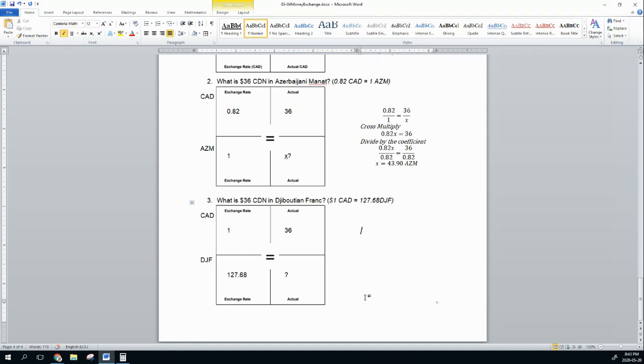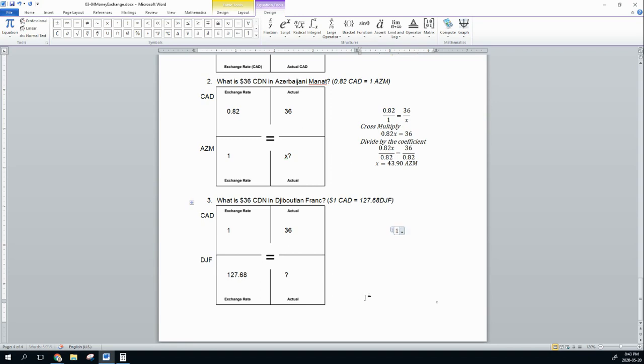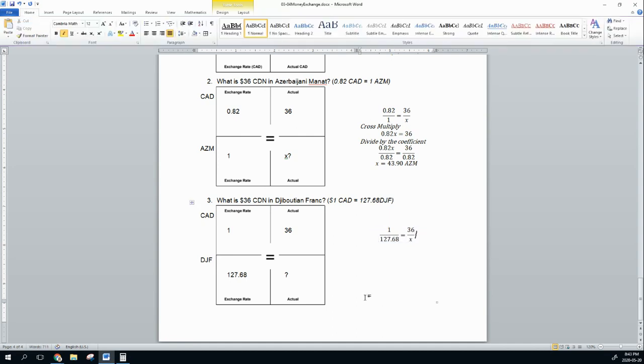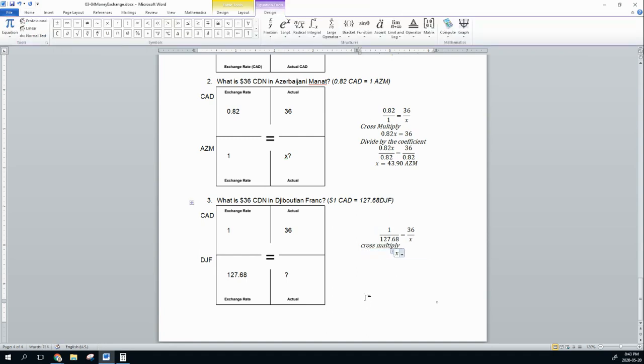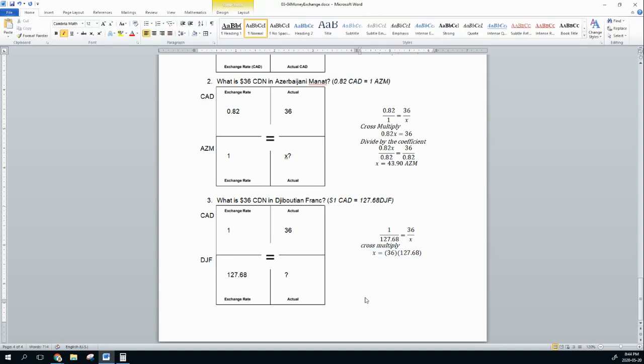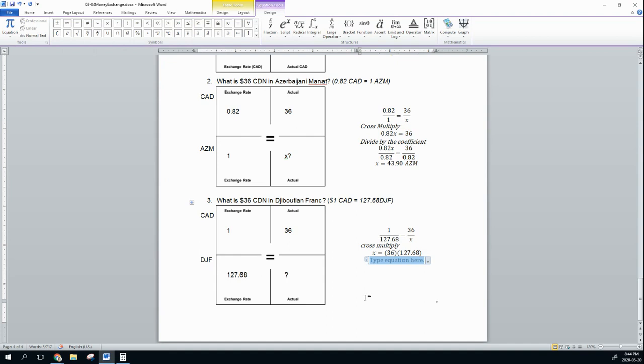So we're going to do the same thing. 1 over 127.68 is equal to 36 over x. We're going to cross multiply, and we have x is equal to 36 times 127.68.